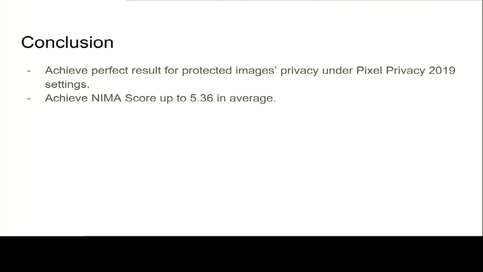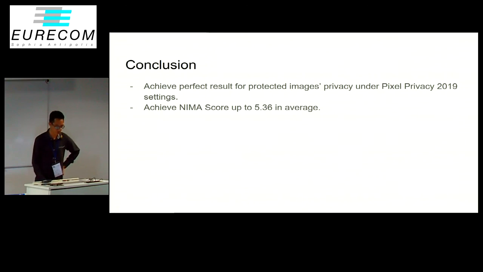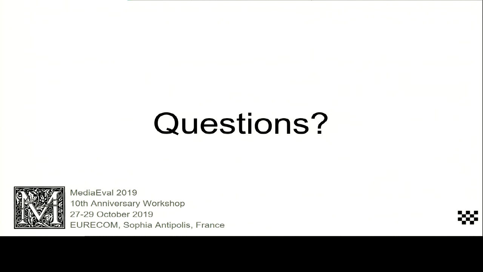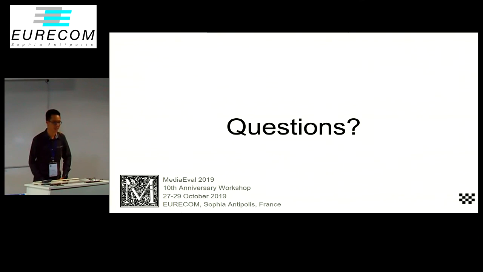In conclusion, they managed to protect 100% of the images with a top accuracy of 0, and they achieved a NIMA score of 5.36 with the texture enhancement. That is the end of the presentation.